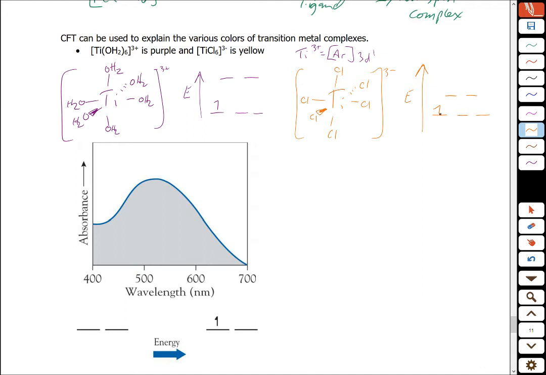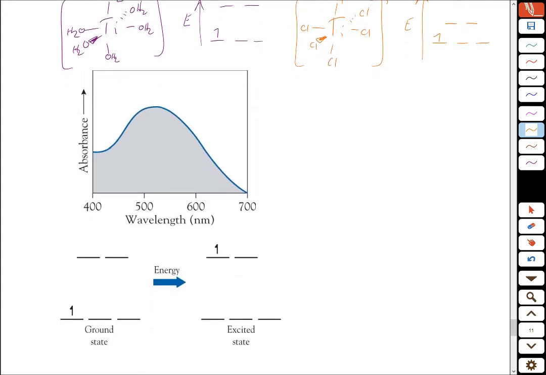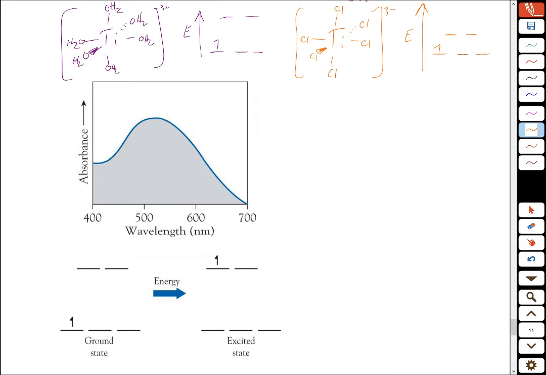So let's talk about how this relates to the color. Any substance has color when light comes in, and we typically show light by a squiggly line, and we put h nu on that squiggly line. That tells us we have a photon of energy.